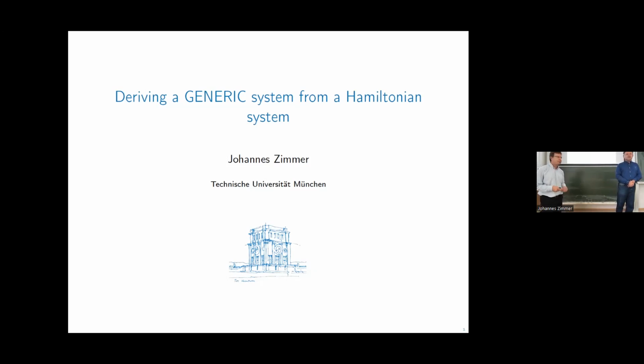And afterwards, he got a position at the University of Bath in the UK. Then he started as a lecturer, but finished as a full professor. And from 2020, he is full professor at the Technical University in Munich. And today he will speak about GENERIC systems derived from Hamiltonian systems.